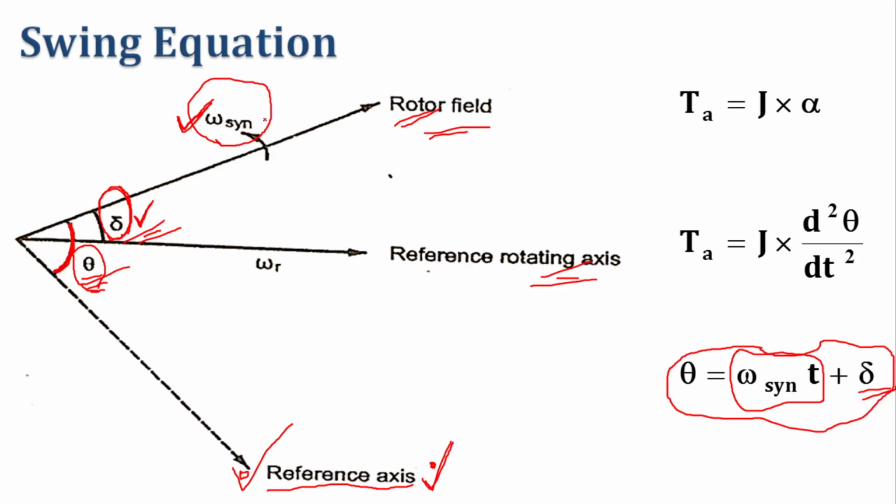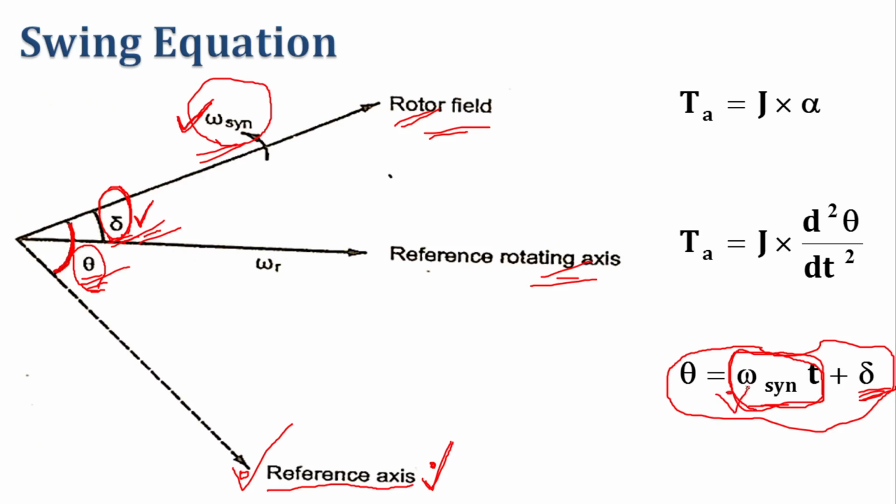So theta changes continuously with time, but it has a fixed part which is equal to delta, and another part which is continuously rotating with this rotating vector. That is why theta is equal to delta plus omega synchronous multiplied by t. This is the angular velocity.